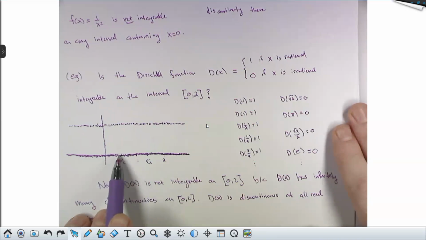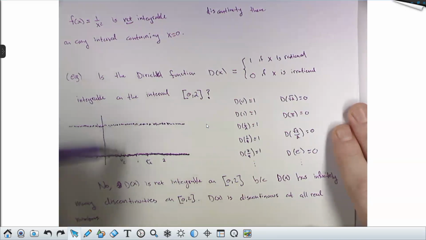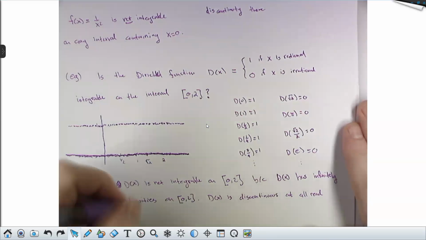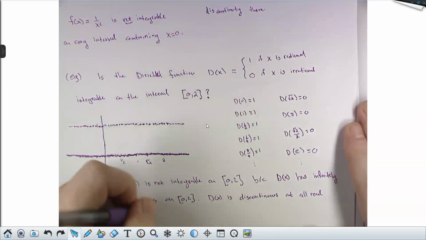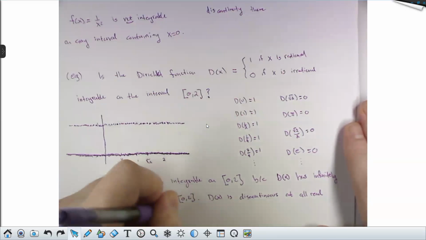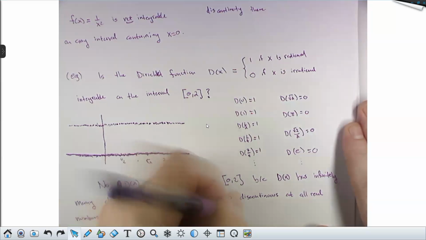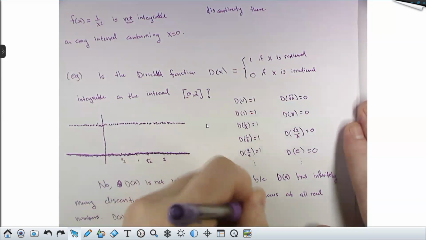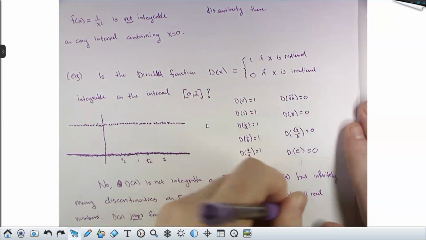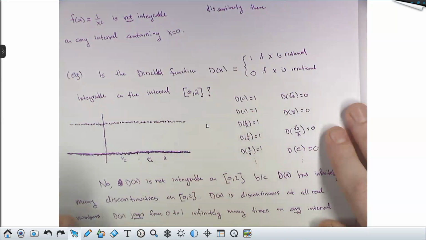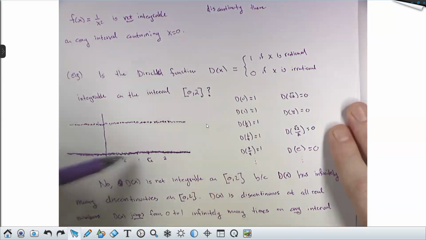Right? It jumps back and forth infinitely many times between any two real numbers. That was exactly the observation we needed. D of x jumps from 0 to 1 infinitely many times on any interval, because between any two rational numbers, take your favorite two rational numbers like 1/2 and 1.